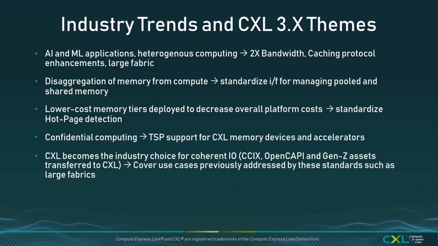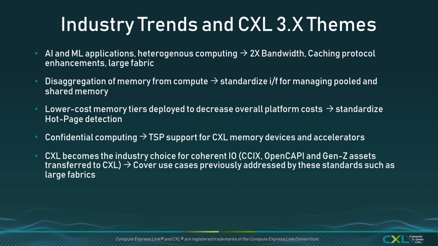So some of the key themes that we're seeing, as the CXL Consortium started looking at beyond CXL 2.0. Obviously, AI and ML applications and heterogeneous computing, where CPUs and GPUs and other XPUs are working together, is exploding.